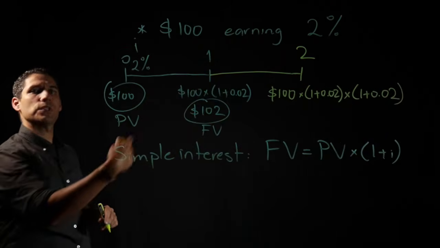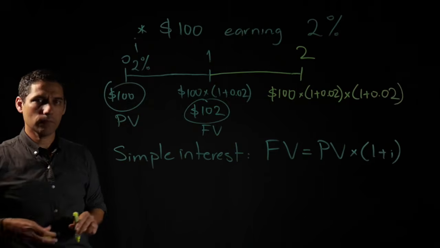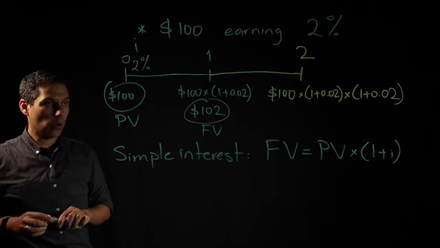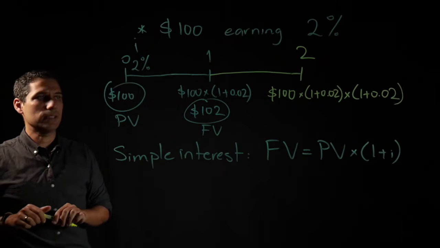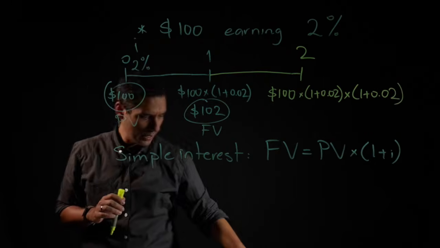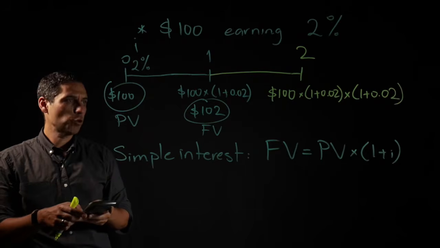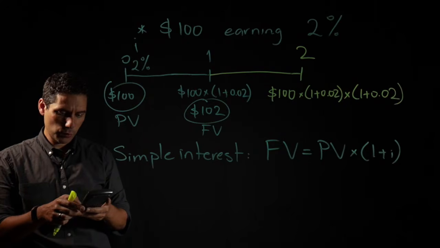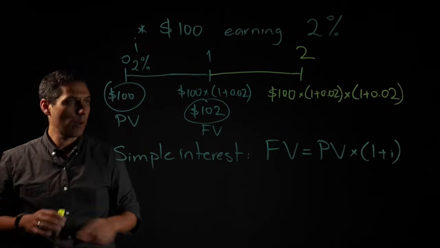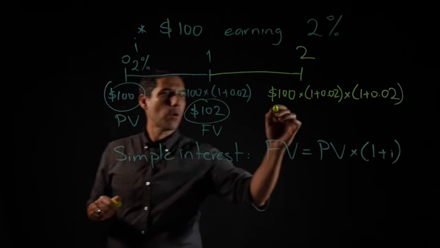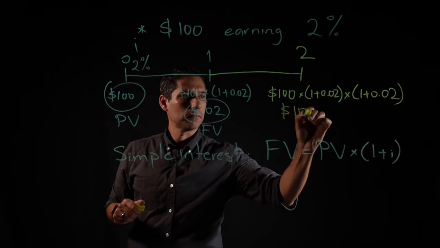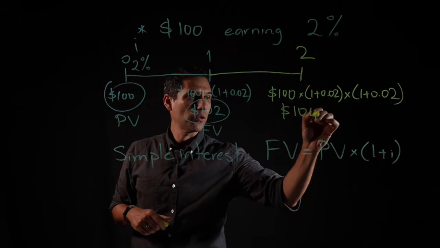So 2% interest twice. So $102 earning 2%, so 102 times 1.02, we end up with $104.04.